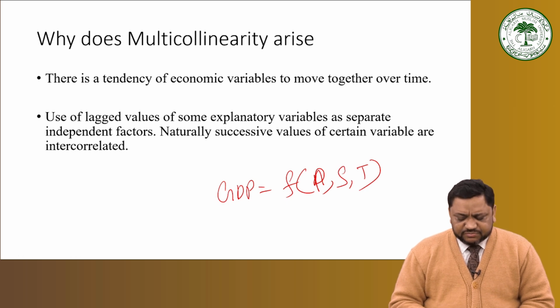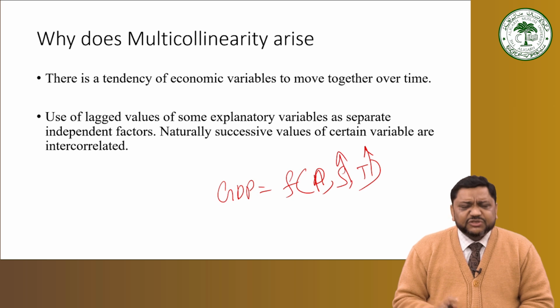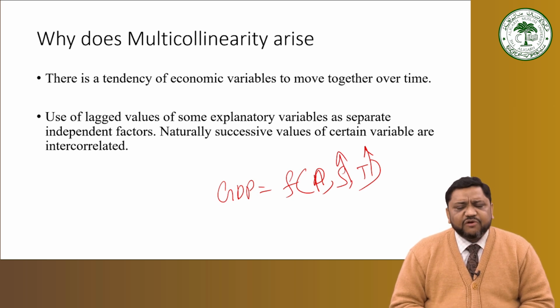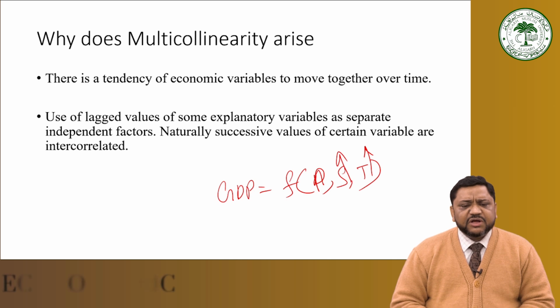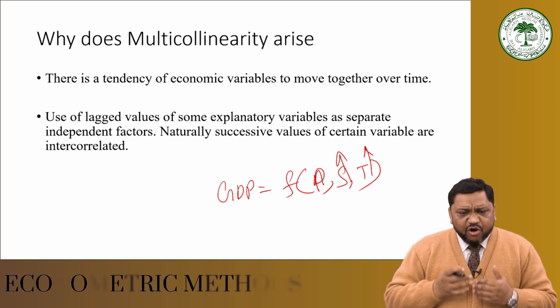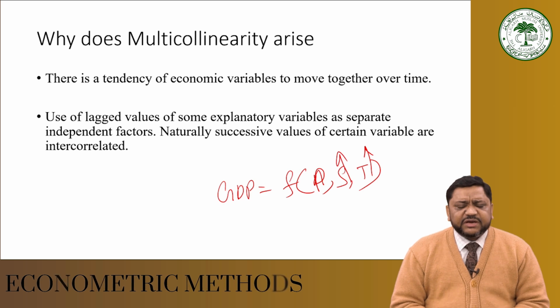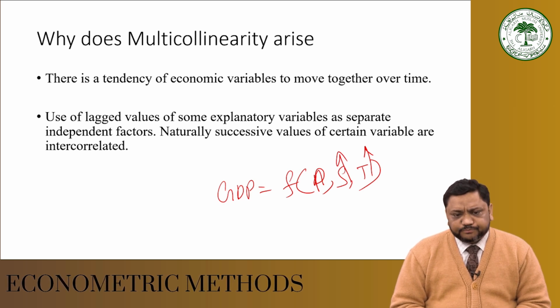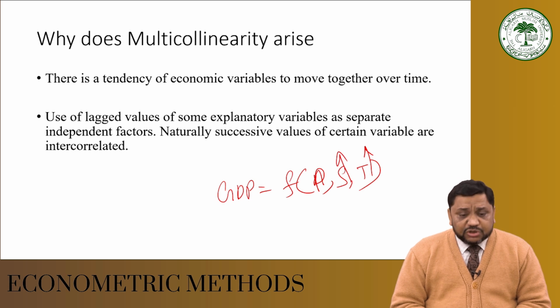If there are structural changes, they will show different types of movements. But what I am saying is that over time, these things tend to move together. So there is bound to be some sort of relationship between these.